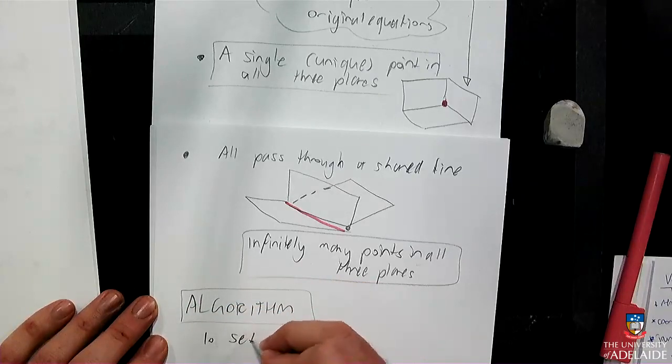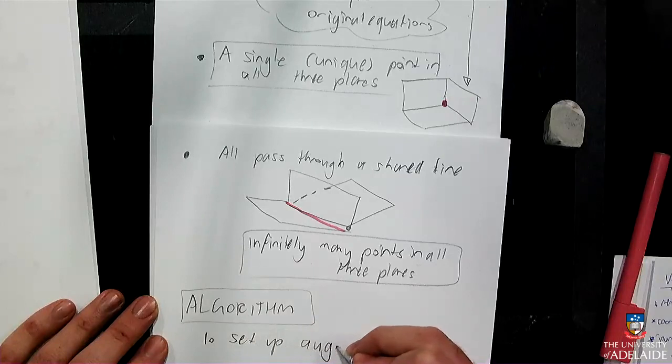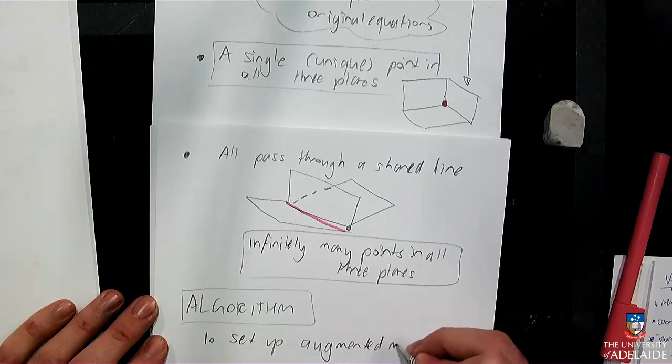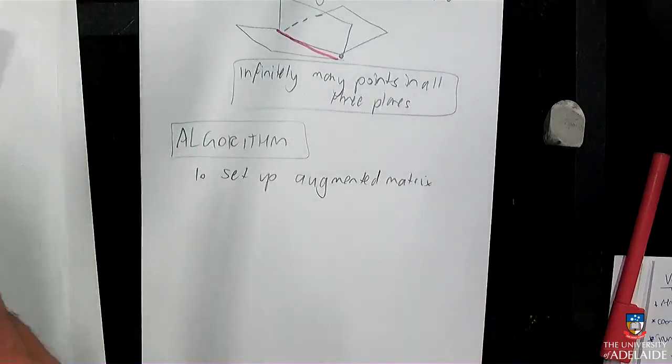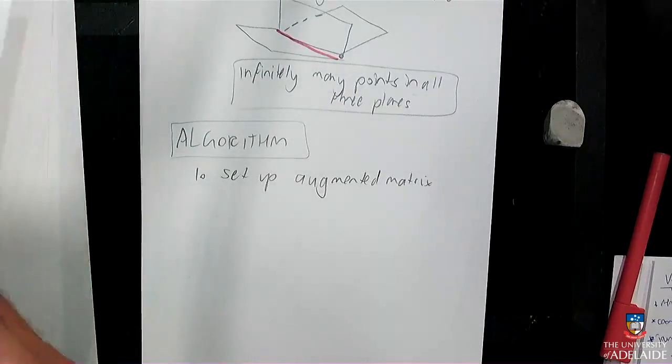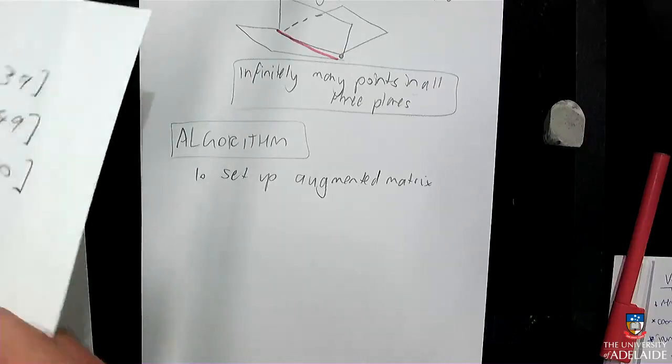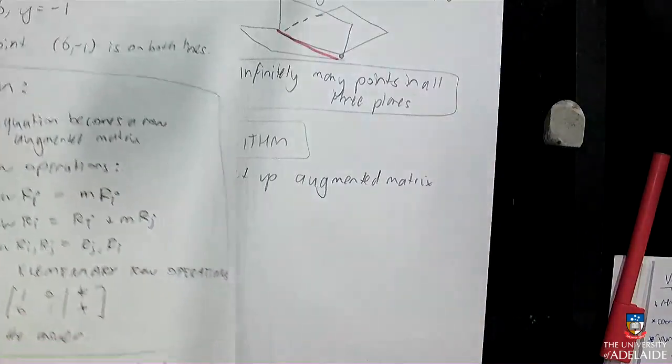So set up an augmented matrix, just like before. I'm going to go back and copy what I said for the other algorithm, actually. So each equation becomes a row.